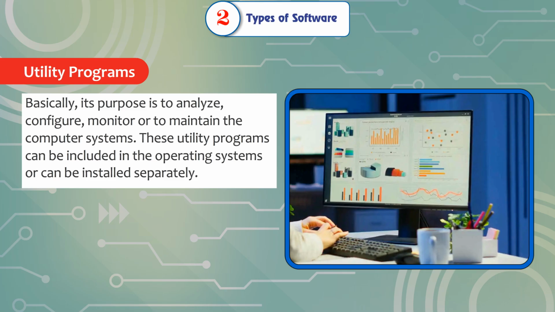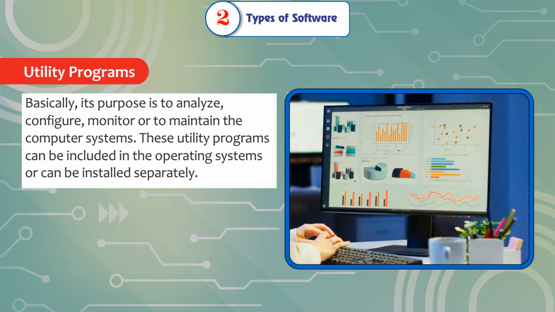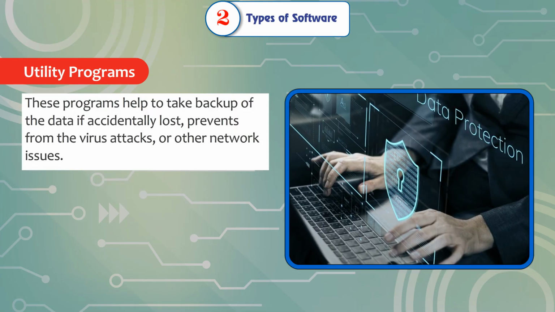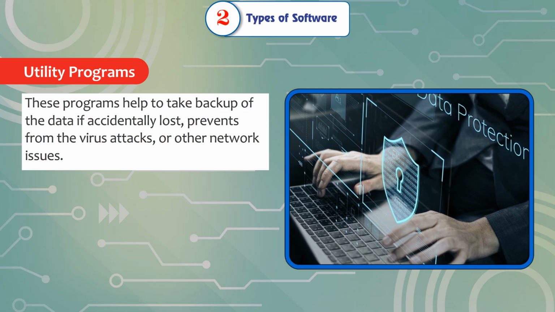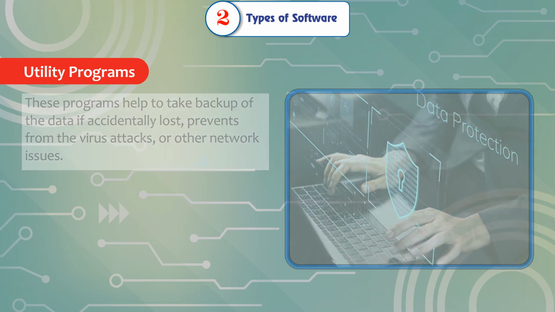These utility programs can be included in the operating systems or can be installed separately. These programs help to take backup of the data if accidentally lost, prevent virus attacks or other network issues.